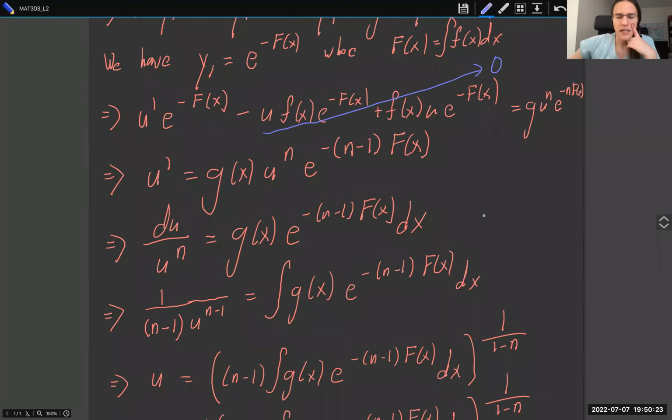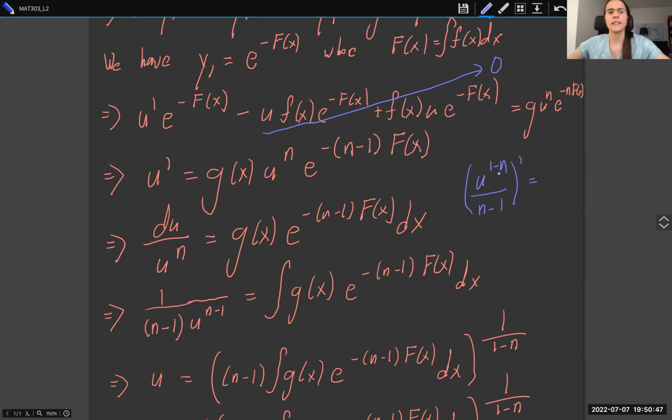This is going to be u to the power of 1 minus n, right? Yes. And then let's divide this by n minus 1. And let's take the derivative of this.